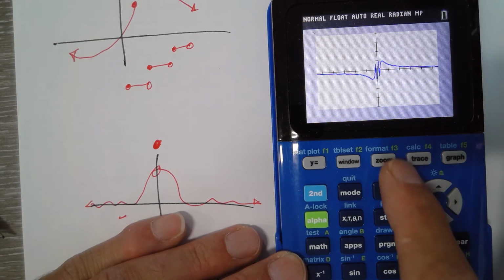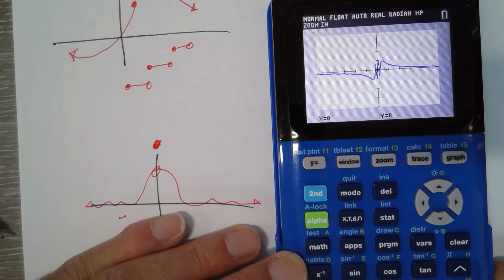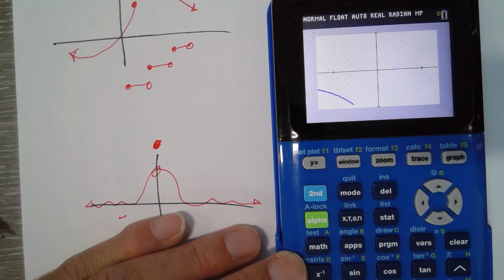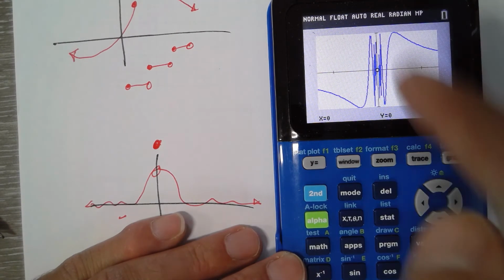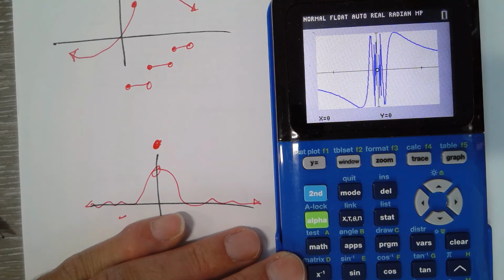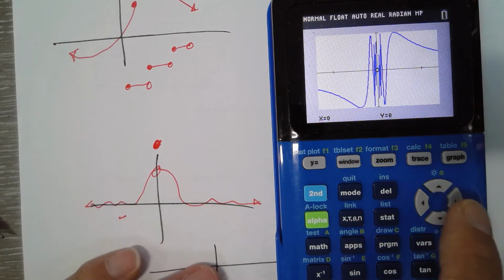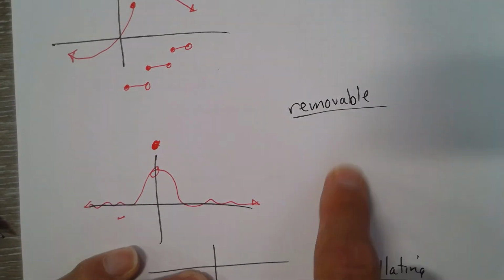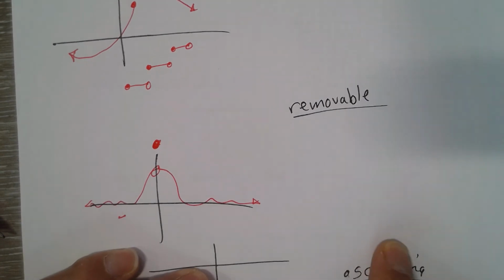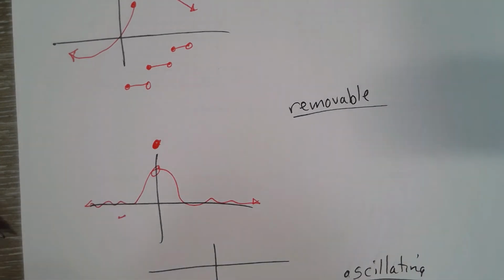I'm going to zoom in a little bit more. So it just starts freaking out when it gets closer and closer to 0, and then it chills out afterwards. That's called an oscillating discontinuity. So the function oscillates back and forth forever and never gets to 0. It's pretty rare, but it's another type of discontinuity.